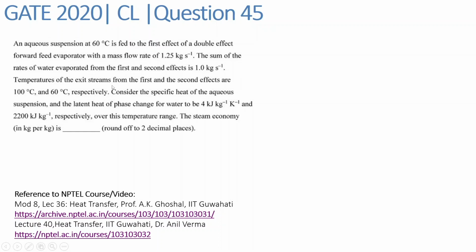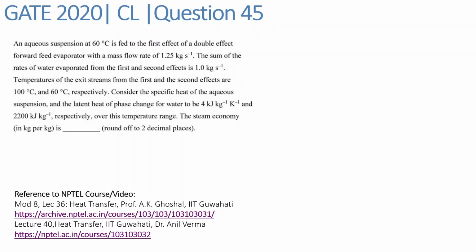Temperature of the exit streams from the first and the second effects are 100 degrees Celsius and 60 degrees Celsius respectively. Consider the specific heat of the aqueous suspension and the latent heat of phase change for water to be 4 kJ per kg per Kelvin and 2200 kJ per kg respectively over this temperature range. The steam economy in kg per kg is given by round up to 2 decimal places.